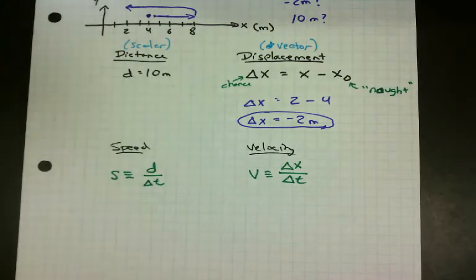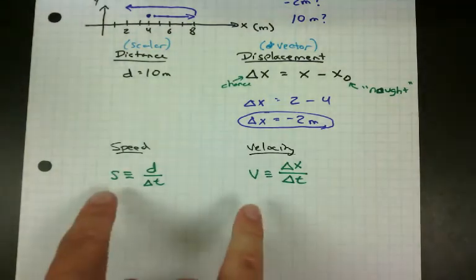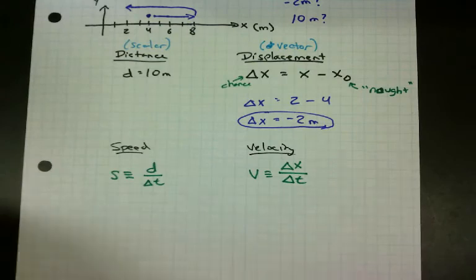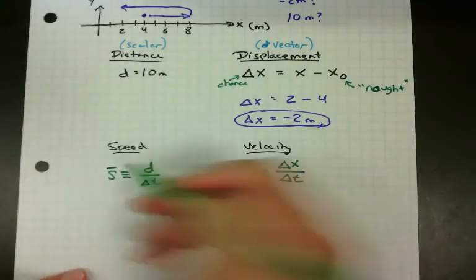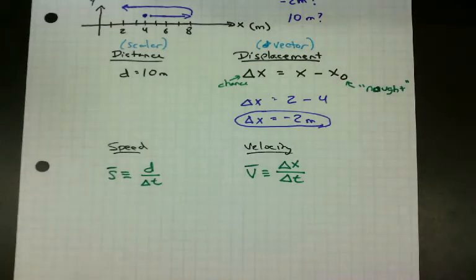All right. So the lie I want to clear up for you is this: speed itself is not equal to distance divided by time. What is equal to distance divided by time? Well, velocity is displacement divided by time, but even that's not true. What kind of velocity can I say that is true about? It's actually the average. The way I'm going to indicate average is I'm going to put a line over it.